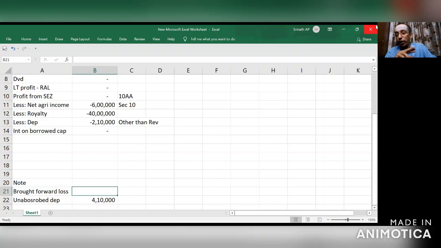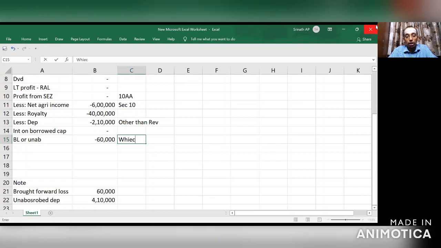So you should take brought forward loss excluding the unabsorbed depreciation, which is 60,000. 4,70,000 minus 4,10,000, which is 60,000. The lower of these two, brought forward loss or unabsorbed depreciation, whichever is lower, will be a negative adjustment.